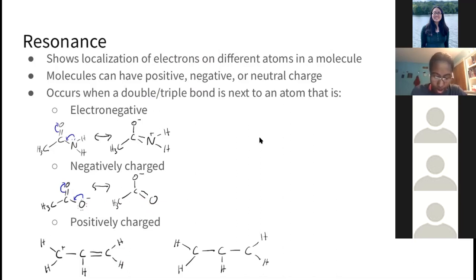As we can see here, this carbon has a positive charge. It only has 3 bonds. So what we can do is show the electrons from this double bond localizing to create a double bond between this carbon and this carbon.